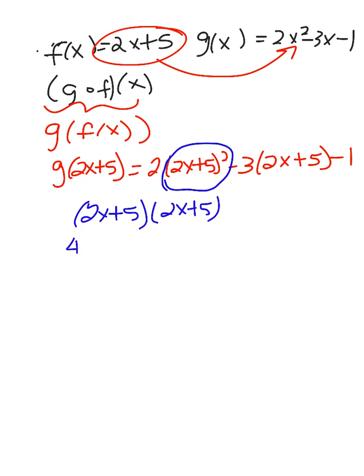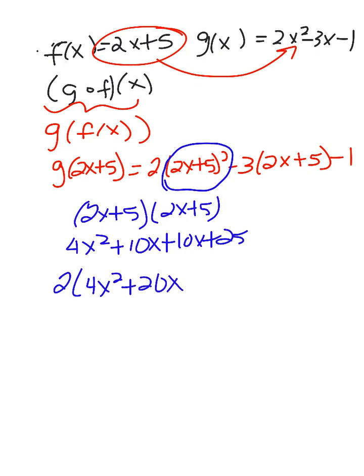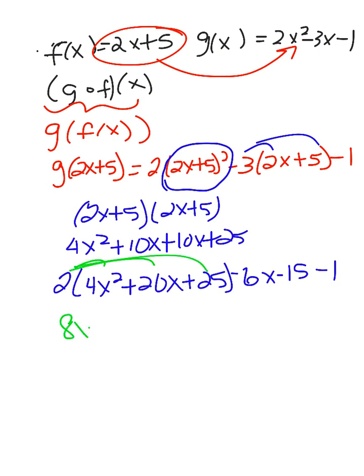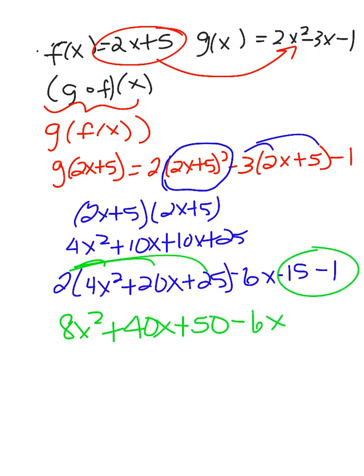So that's 4x squared plus 10x plus 10x plus 25. So it's going to be 2 times 4x squared plus 20x plus 25. Distribute the 3, the negative 3. So it's negative 6x minus 15, and then I got a minus 1, and then I need to distribute the 2, so it's 8x squared plus 40x plus 50 minus 6x, and then this here is minus 16.